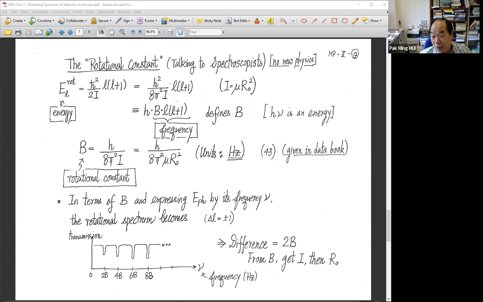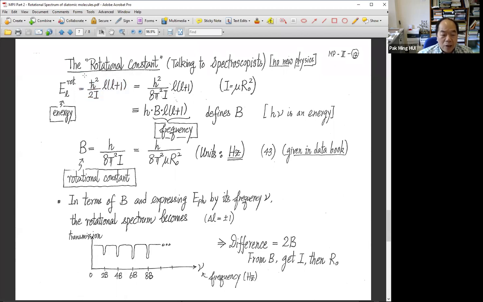So maybe you really need to use some of this. So when you look at a data book, you see, oh, very different from what we are discussing here, then I hope that you would not blame me at that time. So I introduce some notation for you. No new physics, because we start from here, okay?